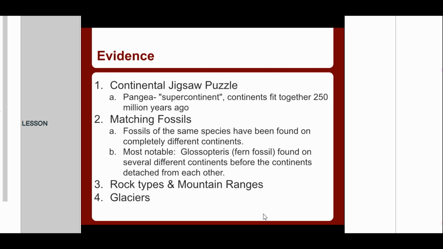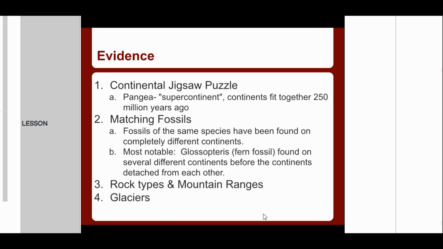The second one is matching fossils. You can find fossils in different places around the world that have no actual physical connection to each other. So fossils on both sides of the Atlantic Ocean that match up. Those show that at one point, those two continents were probably connected.